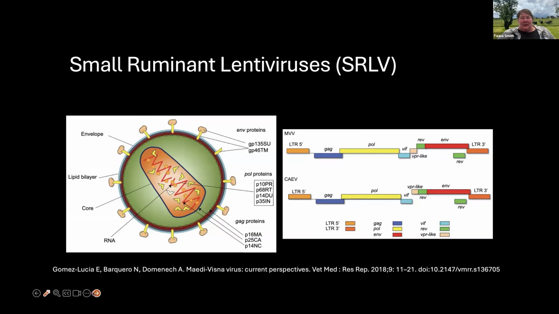Because it inserts itself as this provirus into the host genome, we think about these infections as persistent and not cleared, because there isn't really an antigen that the immune system can detect and then prevent, clear, or neutralize, because that host genome is now carrying the viral genome.